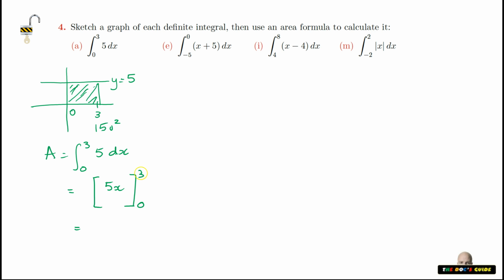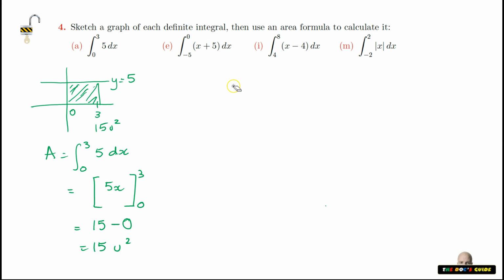Then the way this works is that I substitute the 3 where the x is, so that'll be 5 3s are 15, minus I substitute the 0 where the x is, so that's 0. So that gives me 15 square units. Now don't worry if that seems all a little bit odd at the moment, because as I said, we will come back to it. Let's do I.